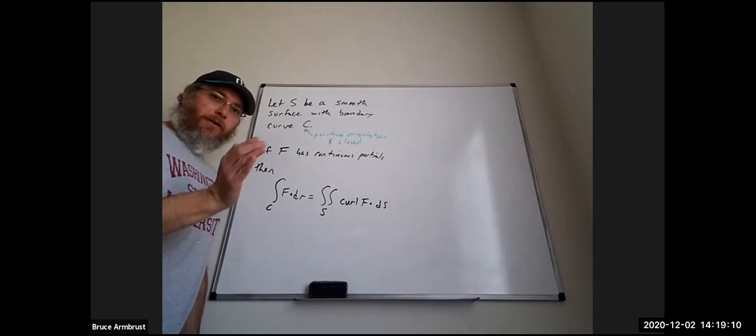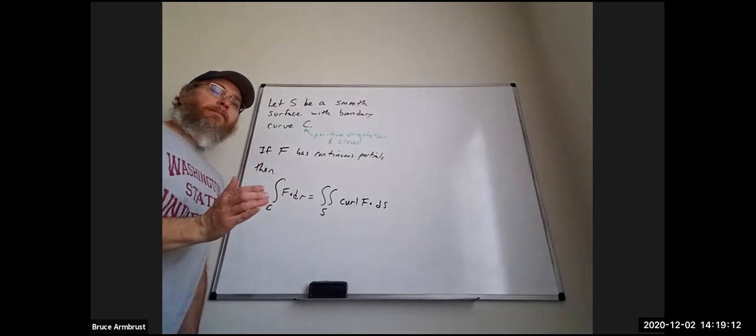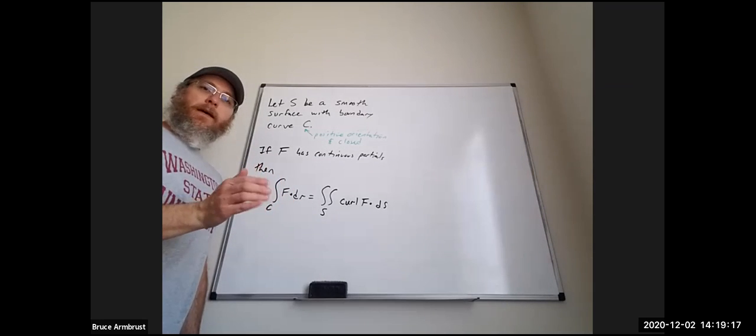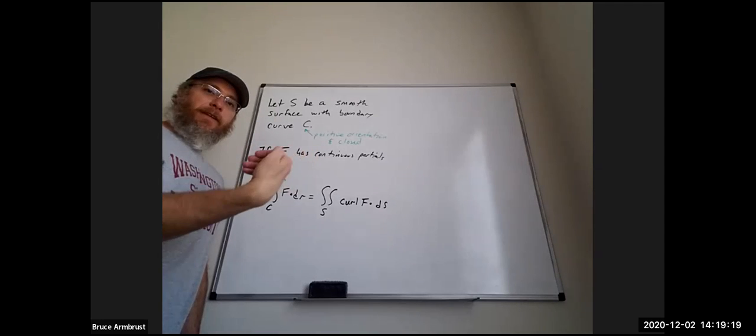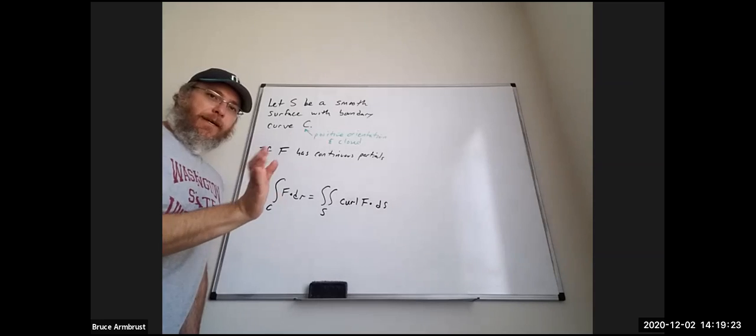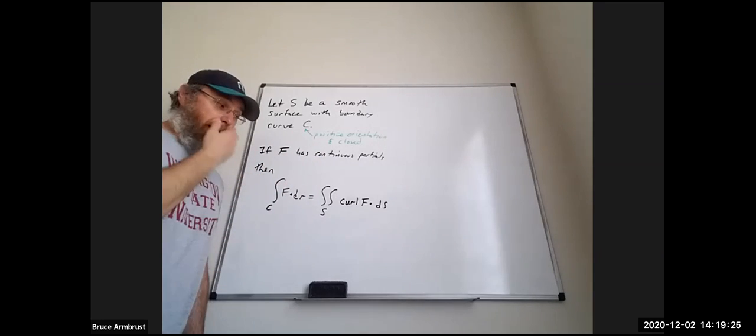So think about curl. Curl is all about the ability for a field to do rotation. So why wouldn't that have something to do with work on a closed path, right? You're getting kind of rotated around.